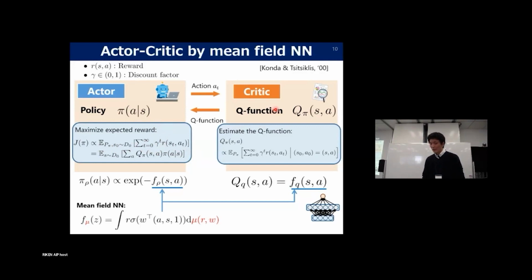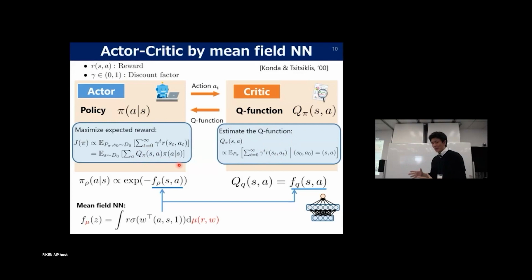So we prepare the so-called Q function, which can be estimated in the critic phase. The Q function is almost the same as the expected reward, but it is conditioned on the current state and action, s and a. If you have a Q function, then the expected reward can be obtained by the expectation of the Q function with respect to the state and action.